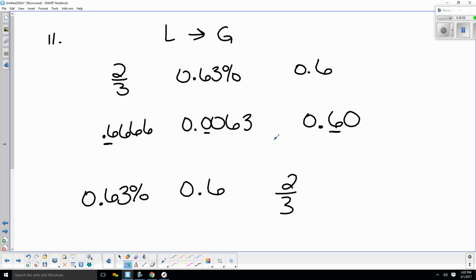Now, I change it back to the original number that it had. You could, but it's still going to come out the same. If you did it as a percent, which is fine, this one's going to change to 66.6%. This would be 0.63%, and this is 60%. So when you look, this is still my smallest percent, so he's going to come first.